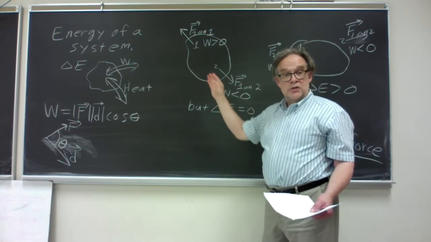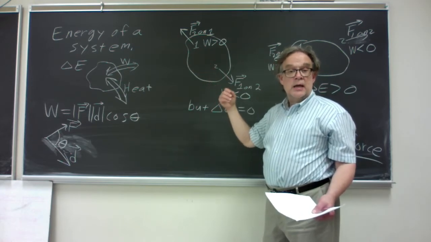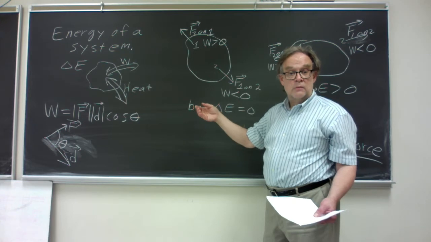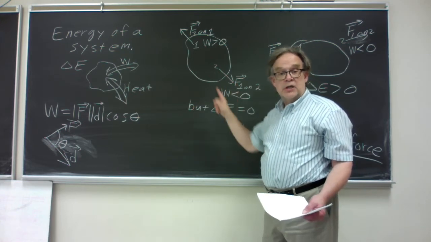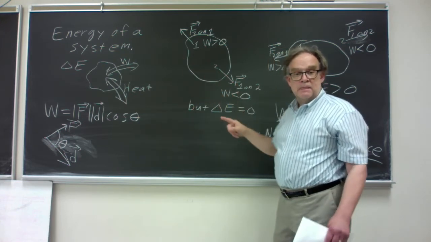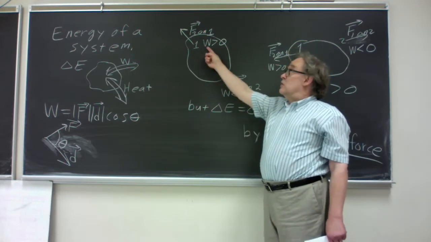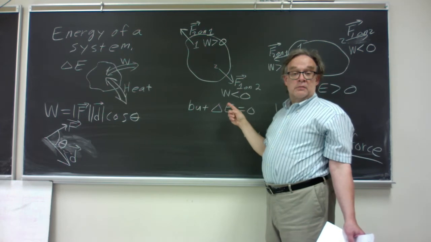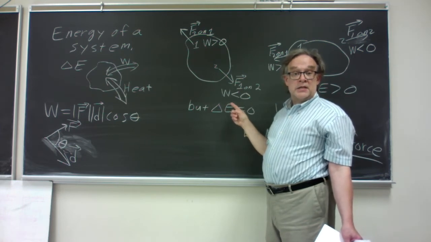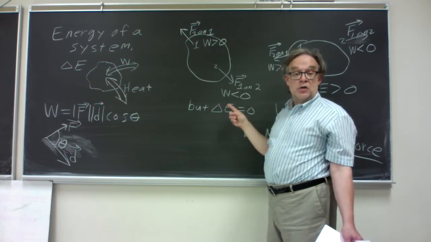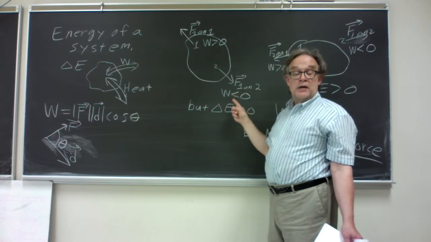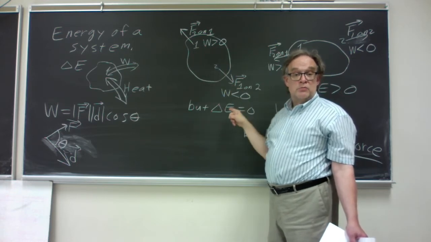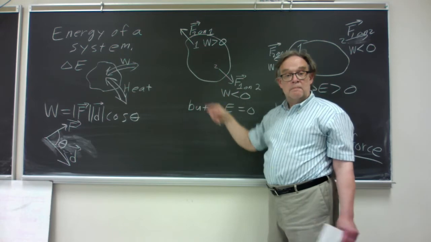When two things interact and energy is exchanged by work, one thing gives up energy, the other thing gains energy. That is, work done on one is positive, means it gains energy. Work done on two is negative, that means energy is taken away from two and is then given to thing one.